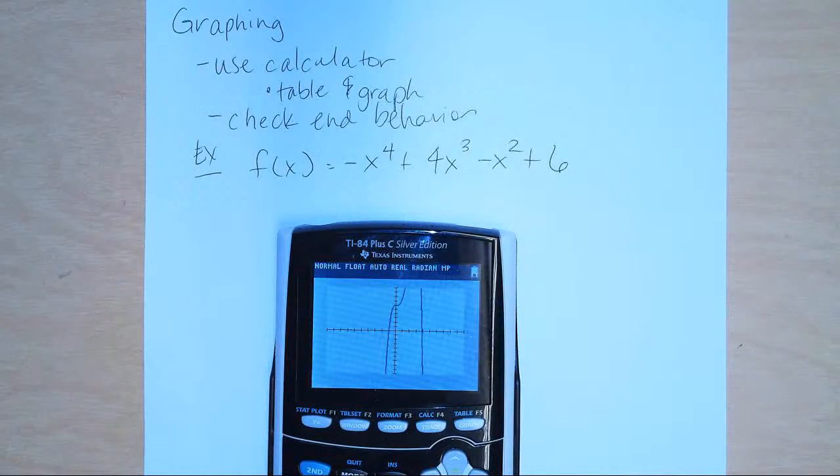Plus 6, yes. And I always like to check the end behavior first, actually, to make sure I have the picture on the screen. So here we have leading coefficient negative, degree even.